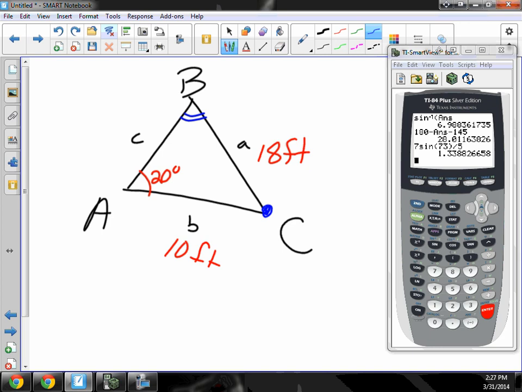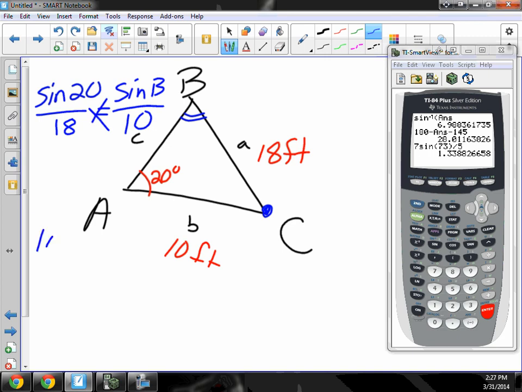All right, so sine of 20 over 18 equals sine of B over 10. Cross multiply. 10 sine of 20 equals 18 sine of B. Divide by 18.